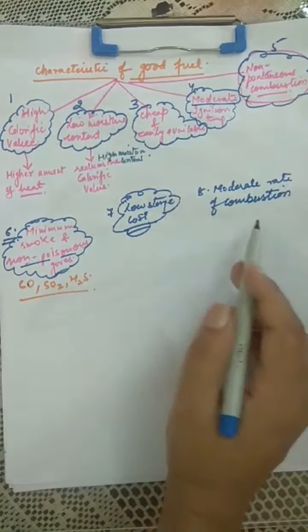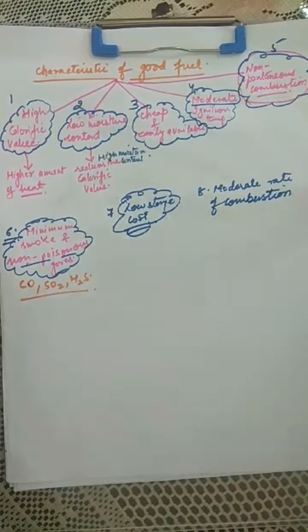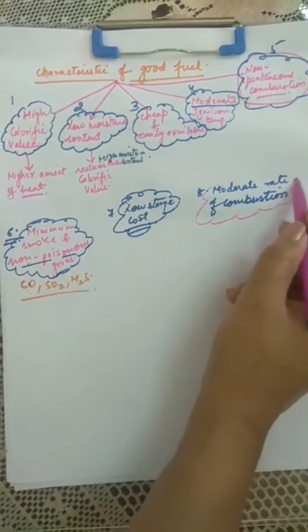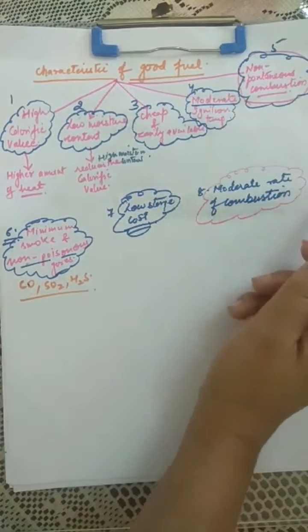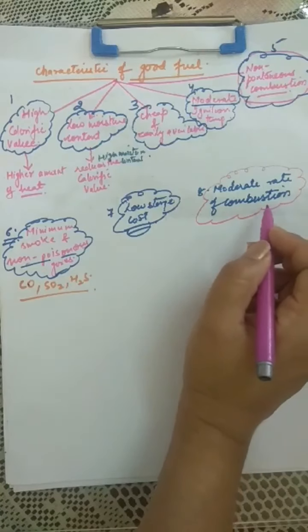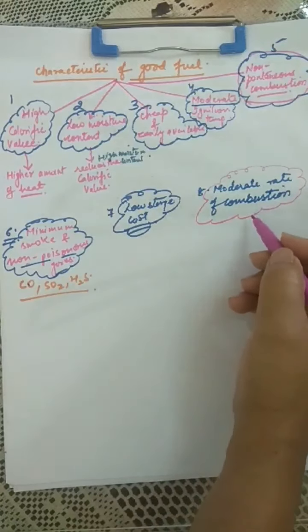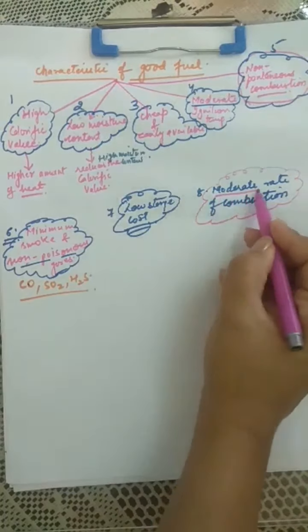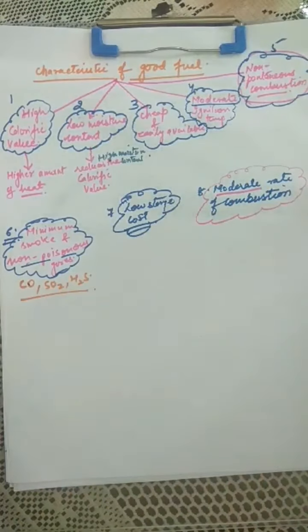The temperature of combustion of a fuel depends upon its rate of combustion. If the rate of combustion is low, then the required high temperature may not be reached. And if it is too high, it causes high temperature very quickly. So it should be a moderate rate of combustion, neither too high nor too low. So this is point number 8.